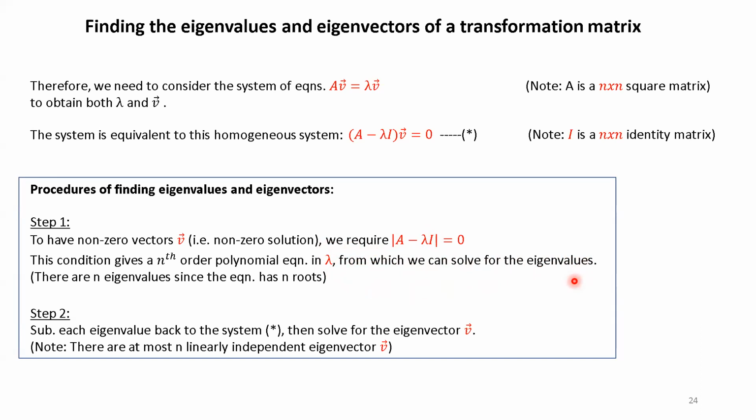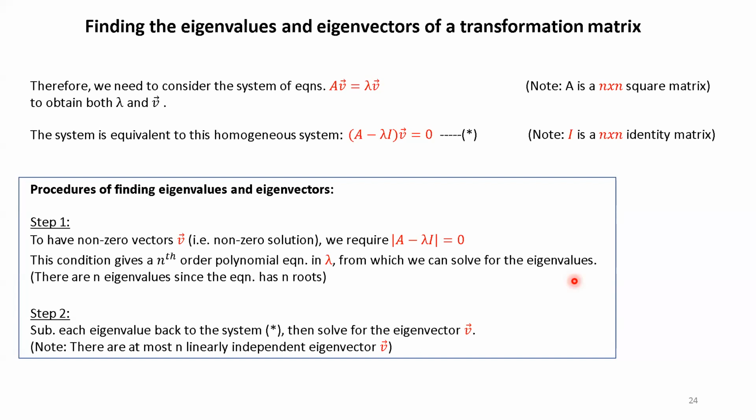If you have an nth order polynomial, algebra tells us that you are guaranteed to have n roots. So you are guaranteed to have n values of the eigenvalue lambda. However, some of the roots can be repeated roots, but anyway, I will still call that n roots.